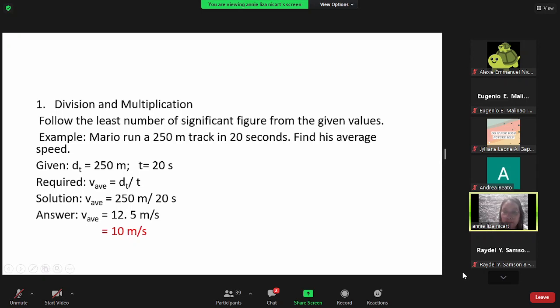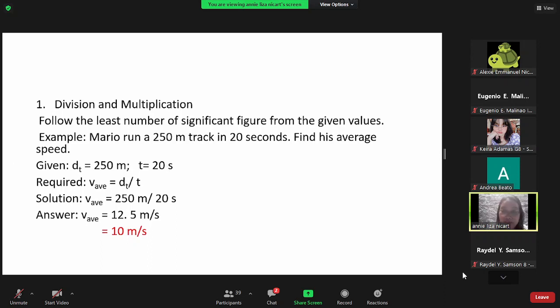Got it? Question? Ma'am, how did it become 10? Okay, we need the final answer to have only 1 significant figure, since the least number of significant figures based on our given is only 1. So only 1 significant figure.